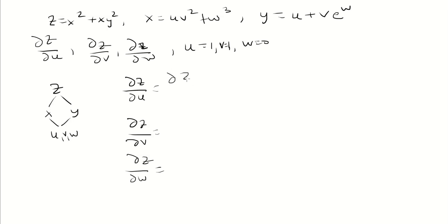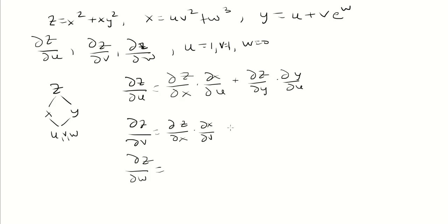So we have partial z with respect to x times partial x with respect to u. And then we can also go down through y, partial z with respect to y times partial y with respect to u. And then for v, we go through x and then through y. And then for z with respect to w, we'll go through x, and then we'll go through y.